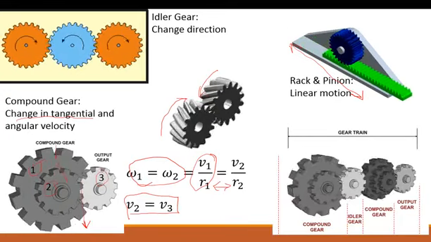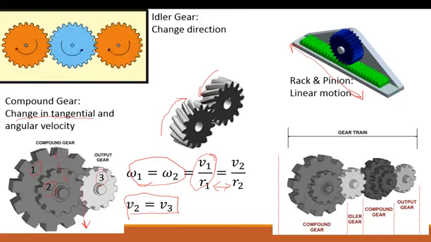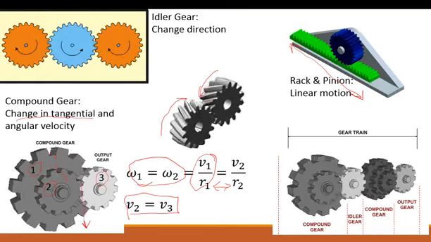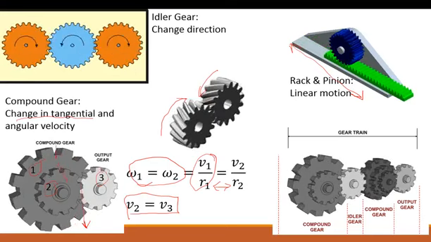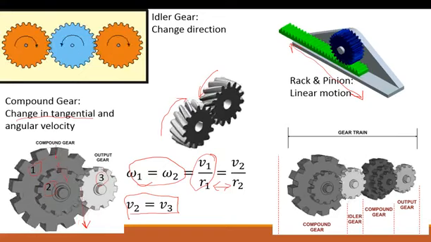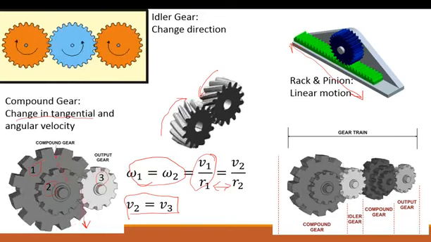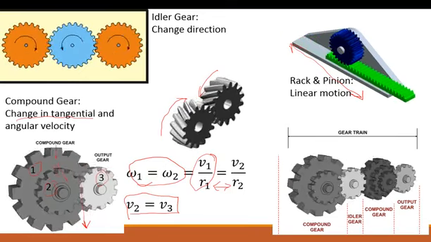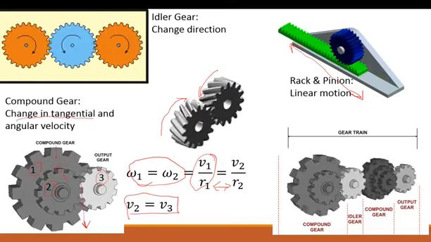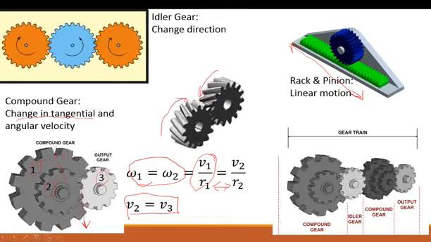Now, when you put all these together, compound gears, idler gears, you're able to not only do a lot of manipulation in terms of stepping up and stepping down velocities and torques, you're able to keep the directions in whatever desired output. So a series of gears and gear values put together can actually give you the desired output.